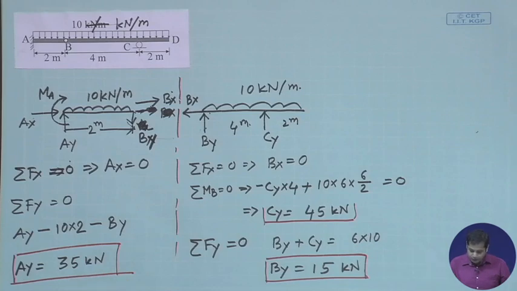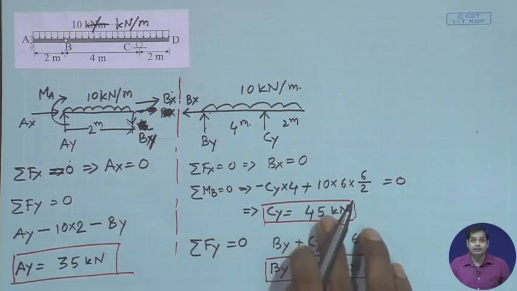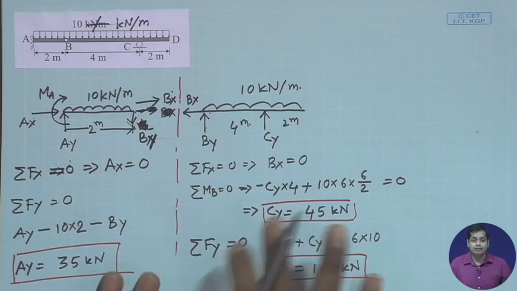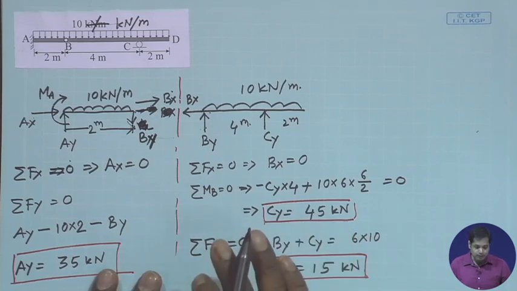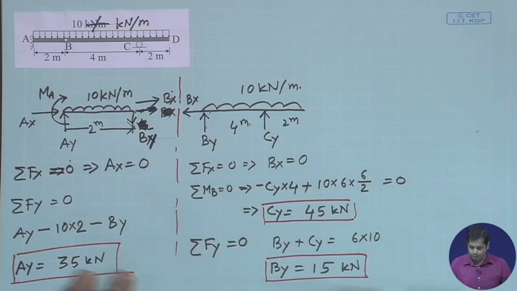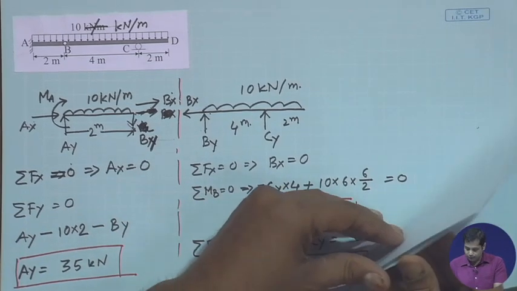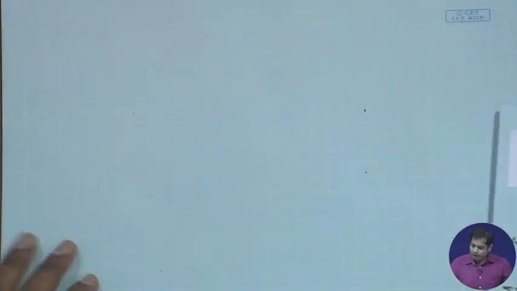So these are the support reactions, Cy, By and Ay. Next is to draw the bending moment and shear force diagram. Now let's do that.